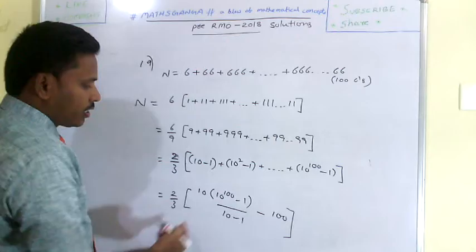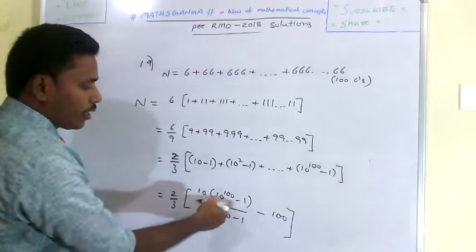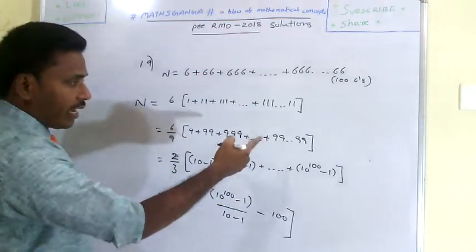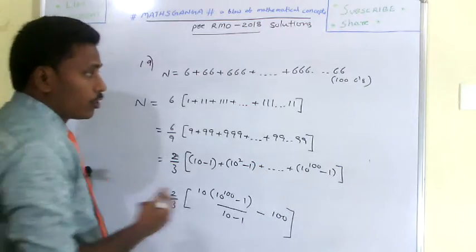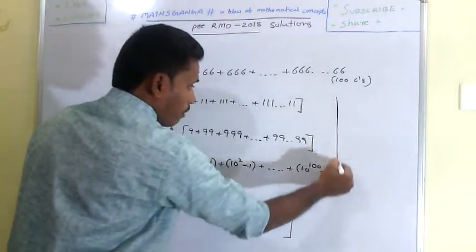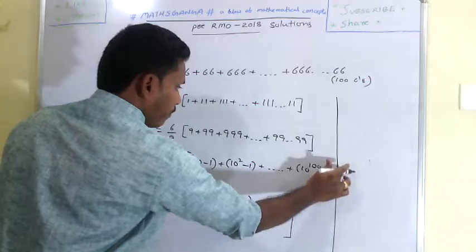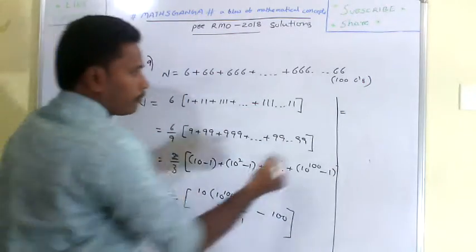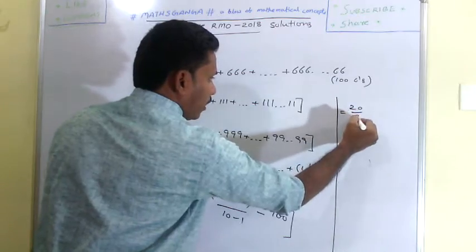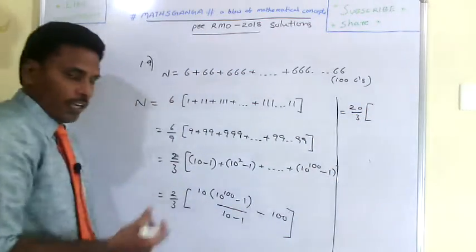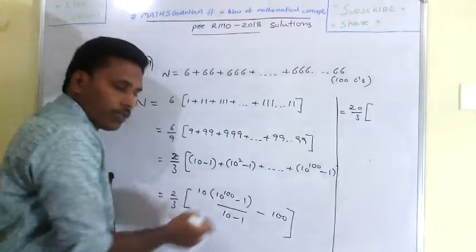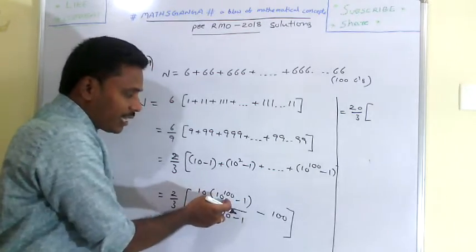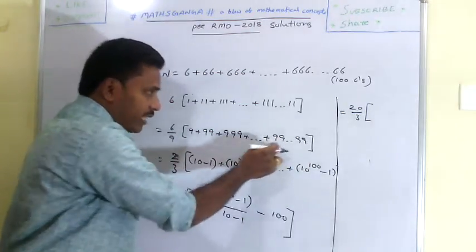10 minus 1 is 9. 10 power 100 minus 1 is again 9999, like that, 100 times. So we need to simplify it. If you simplify, this is equal to 20 by 3 into, just look here, 10 power 100 minus 1. 10 power 100 minus 1 is nothing but 100 nines like this.